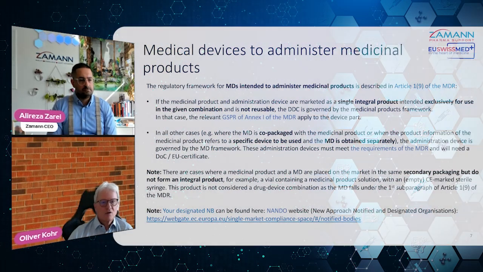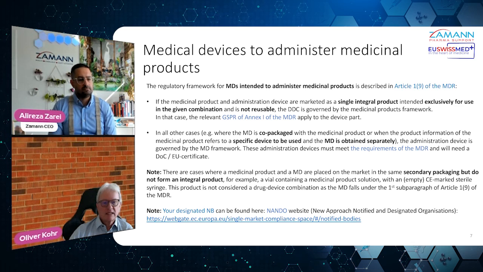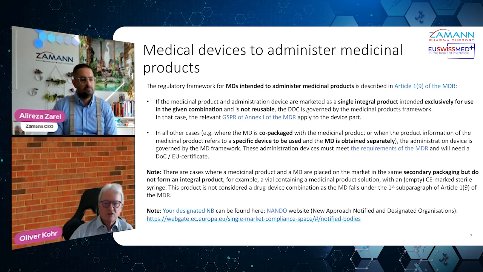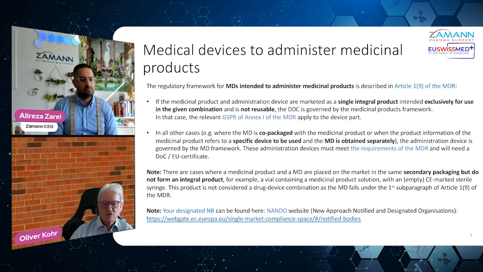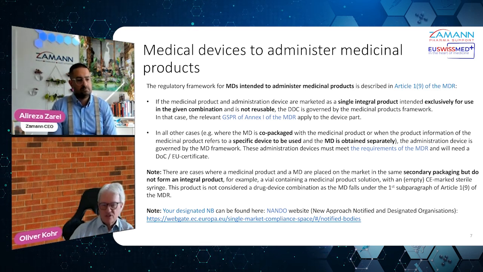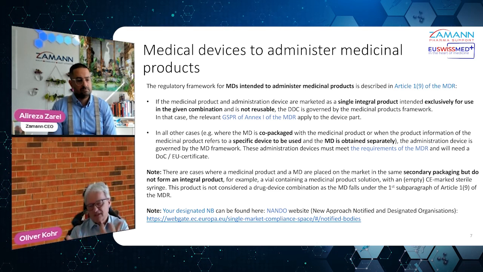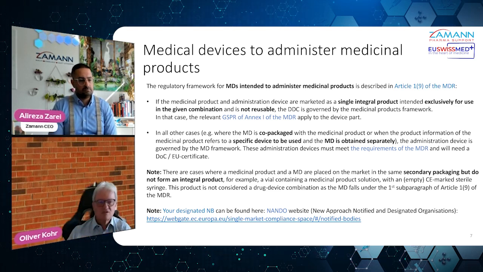All right. So again, to combine, if you look at the medical device that is intended to administer the medicinal product, which is also described in the MDR's reference, some stuff repeats itself in slightly different terminology. It's not that it's the same, but there are little nuances you may realize.